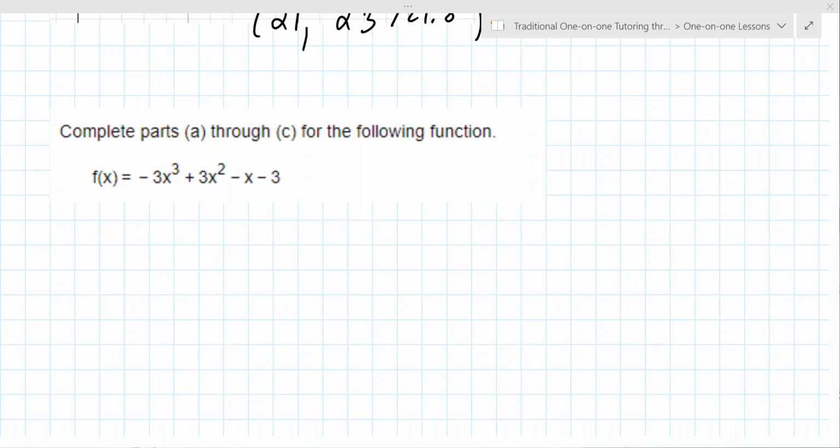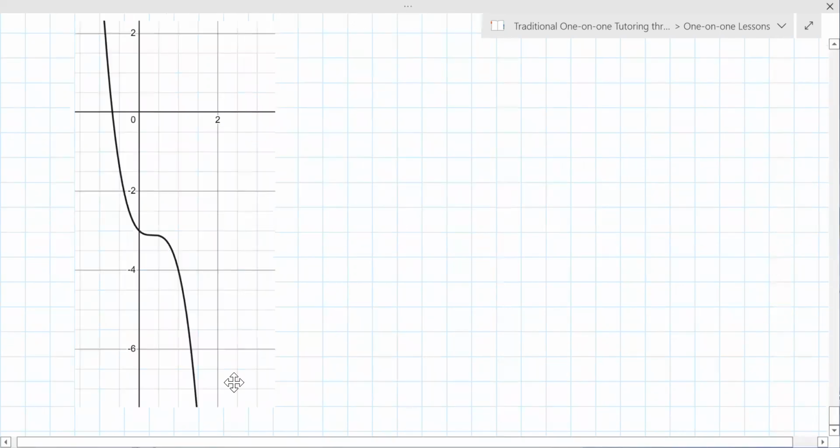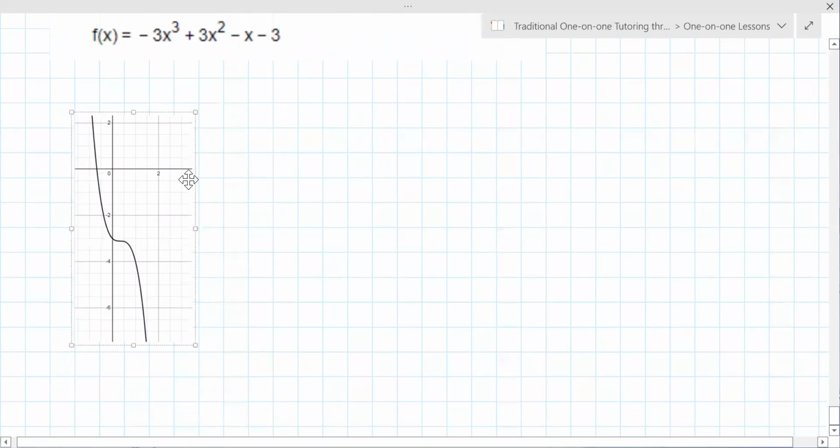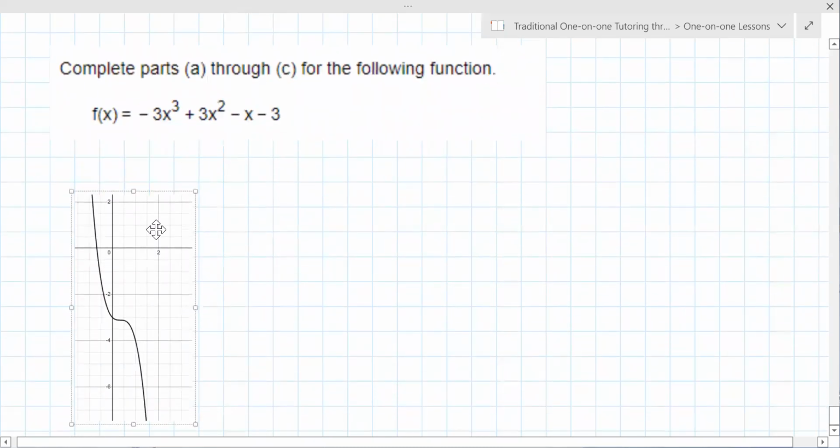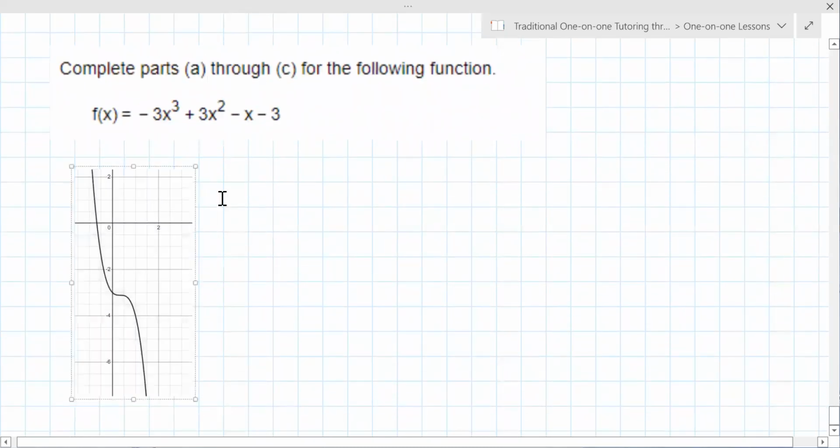See, if this were a traditional homework assignment, you can discern so much from the graph. You almost don't even bother to wonder if it's right. But in this case, do you see how it's going down forever? That means it's decreasing everywhere.